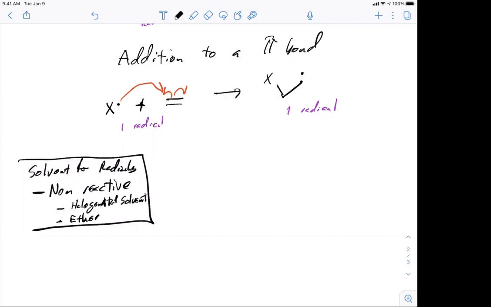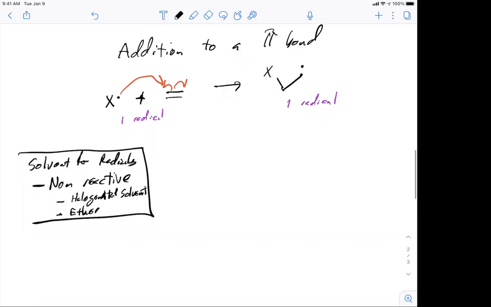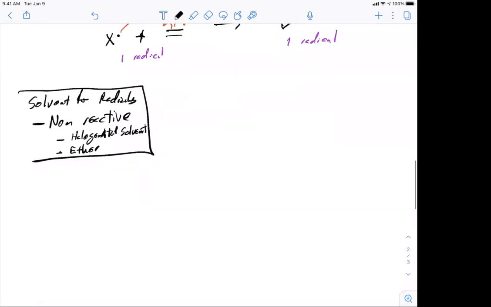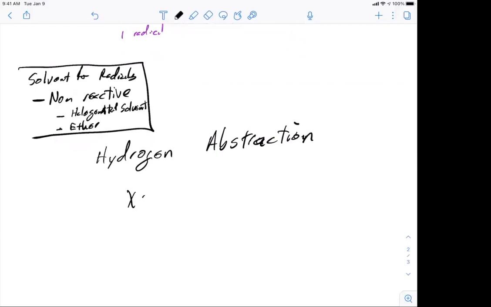But solvent question: you don't want the same solvents as you did before. You want non-reactive solvents. Okay, so our next one after the addition is hydrogen abstraction. This is where protic solvents become a problem. So we start with a radical.